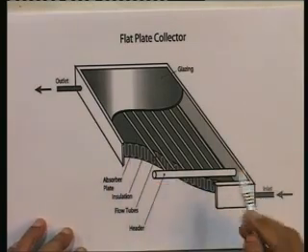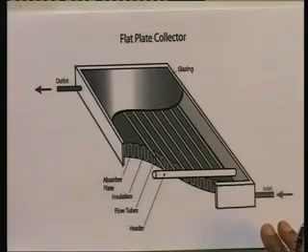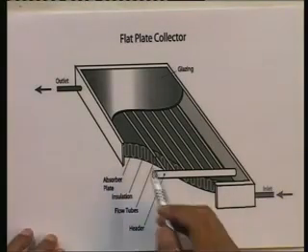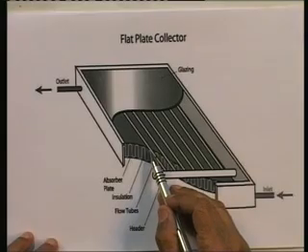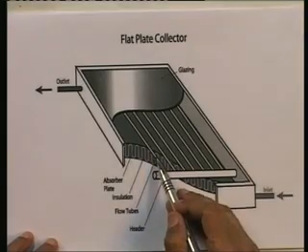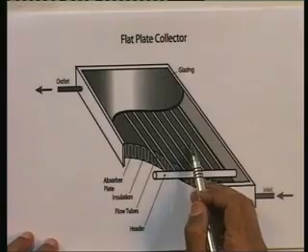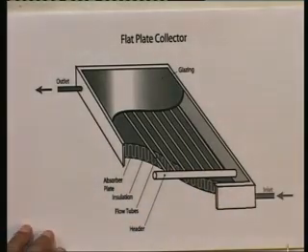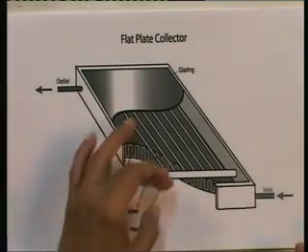It is a thin copper sheet, a millimeter or so in thickness. On that absorber plate or on the back side of it, a number of flow tubes are soldered, and the water which is to be heated flows in these tubes.